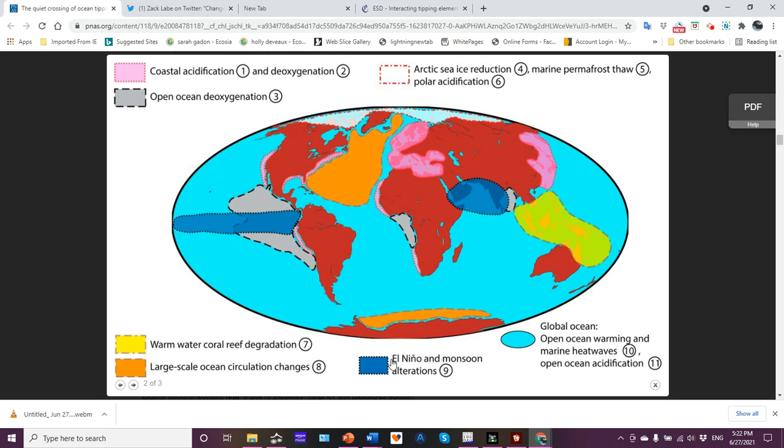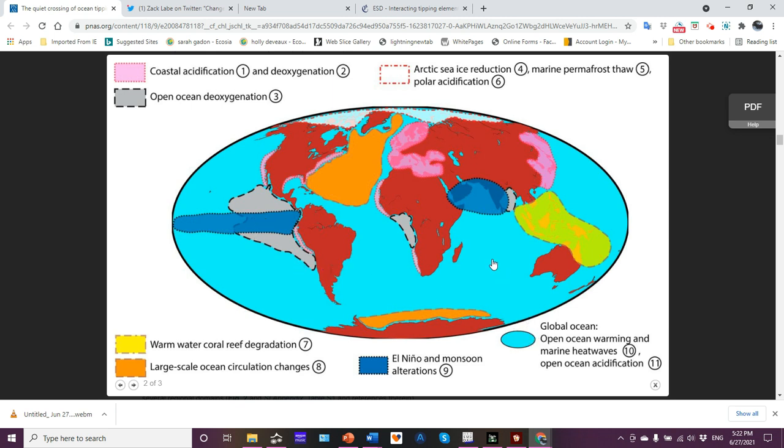Then the blue areas refer to changes in what's happening with El Nino and monsoon alterations. I prefer to refer to this as the ENSO cycles. So the concerns are that we may be tipping the Eastern Pacific into a permanent El Nino state. That's basically what they're saying.